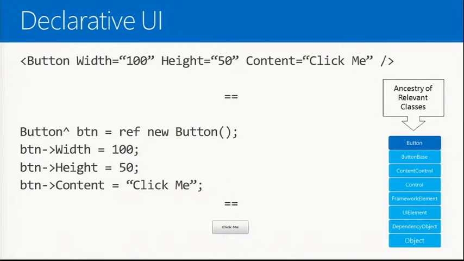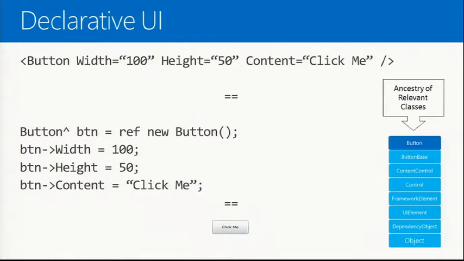And it's just kind of a good picture to show that the top line represents essentially a ref new, if you want to think about it that way. So every time you have angle bracket foo, you're instantiating that object in your application. And you can use it through code, or you can set attributes there. You'll find in most of the XAML elements, we have an intrinsic property or a default property called content.